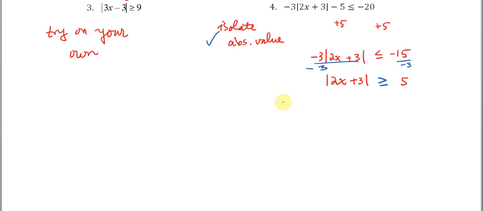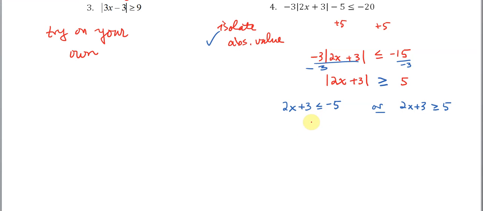Okay, so we can separate this into two different equations. We can say that 2x plus 3 is less than or equal to negative 5, or 2x plus 3 is greater than or equal to positive 5, and then solve each of these by themselves.